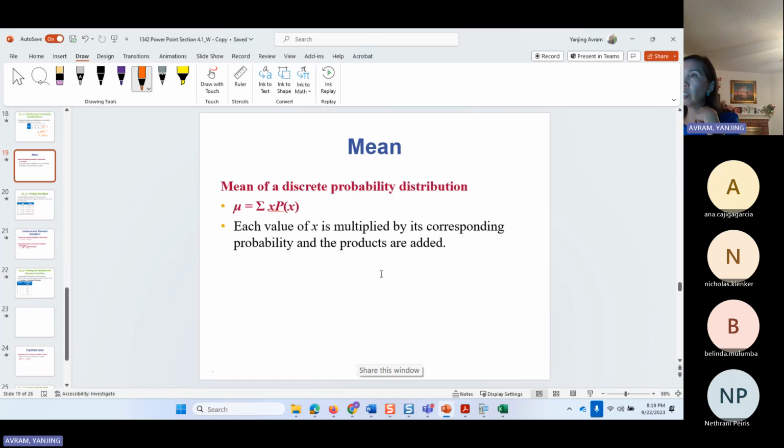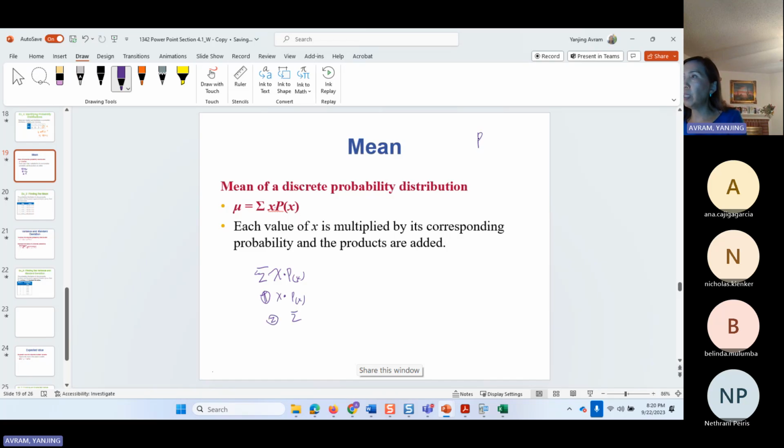For a discrete probability distribution, you use sigma, which is addition, and addition is lower priority than multiplication. So you have to multiply each x times p of x first. The first step is the multiplication, and the second step is the addition.